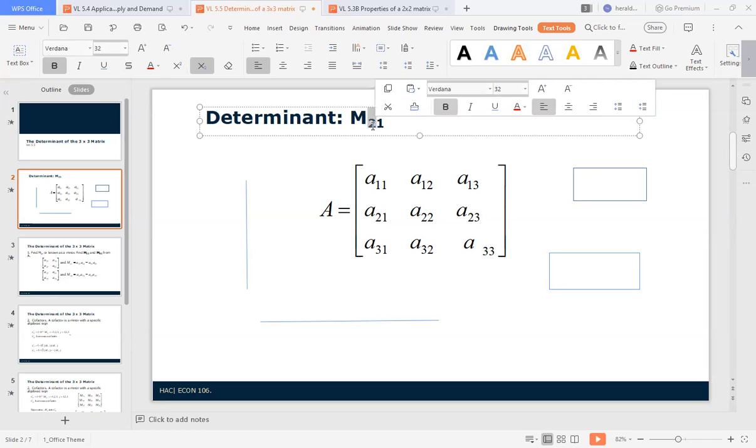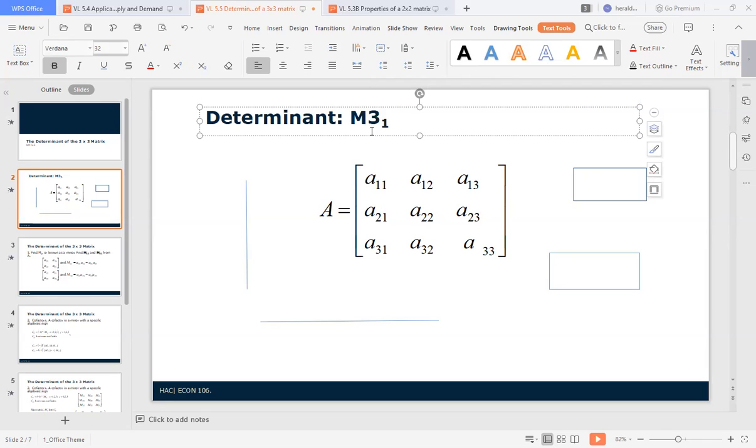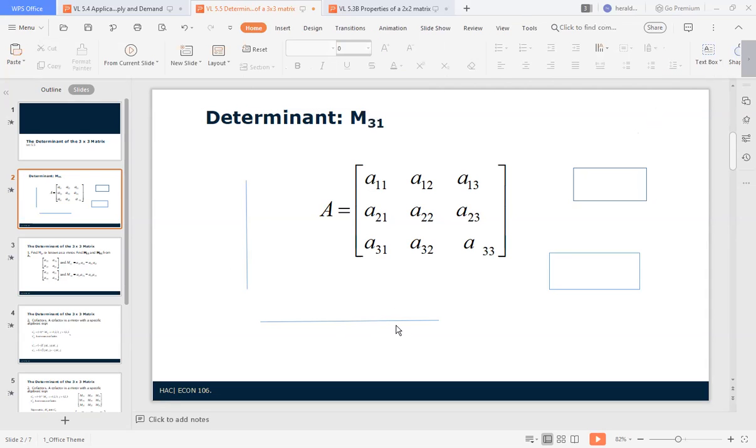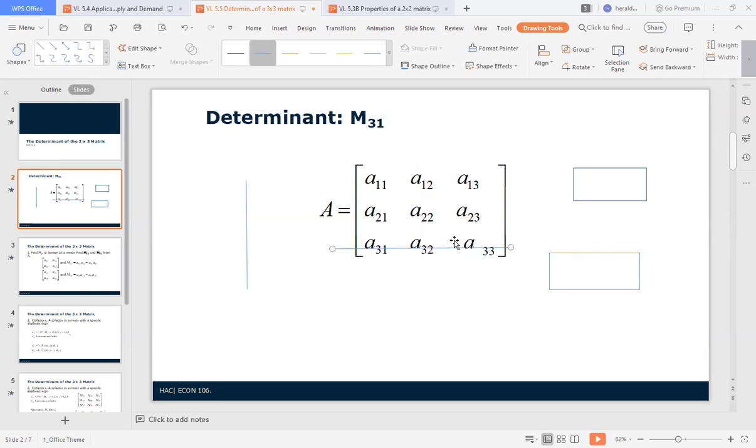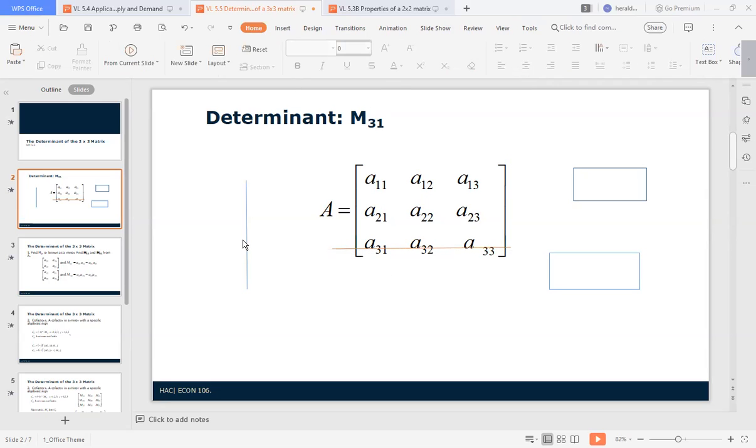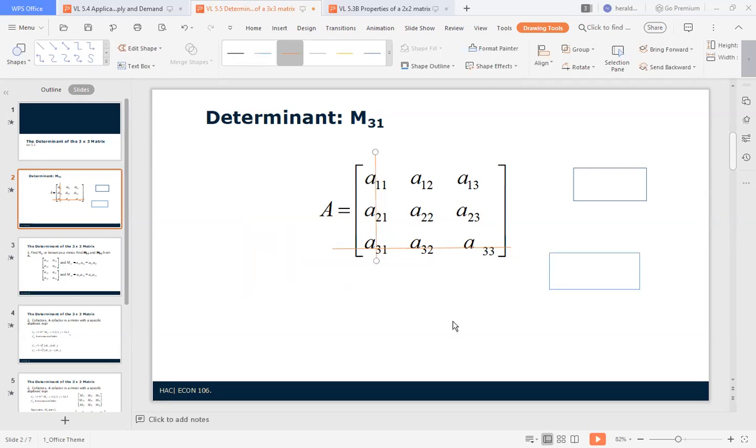Again, I am completing at least 3 minors, or actually 3 minors, because I am expanding the first column. So M31 would mean delete this row, and delete this column as well.